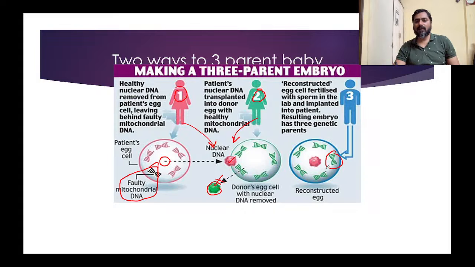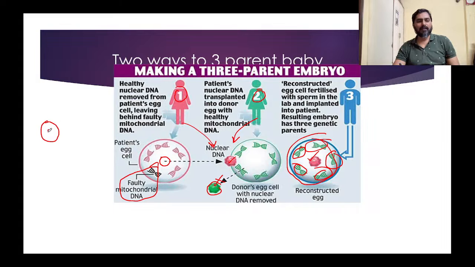Now what you have got is a new, reconstructed egg cell, in which all these mitochondria are healthy, and you have a healthy nucleus also. So this acts like a new egg cell. Now we'll fertilize this in the lab.